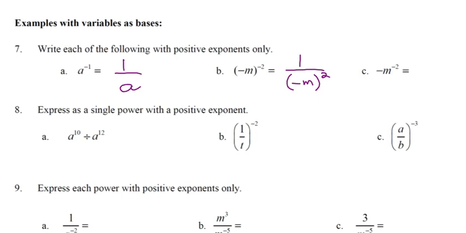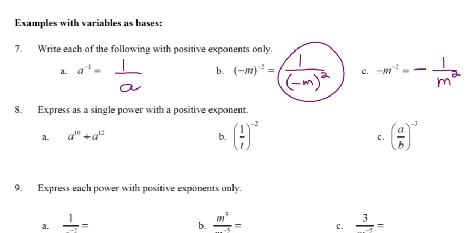If the base is negative m, it's still negative m, in parentheses. If it's the negative of m, and then it's the negative of 1 over m squared. This will end up positive whether m is positive or negative, it doesn't matter.